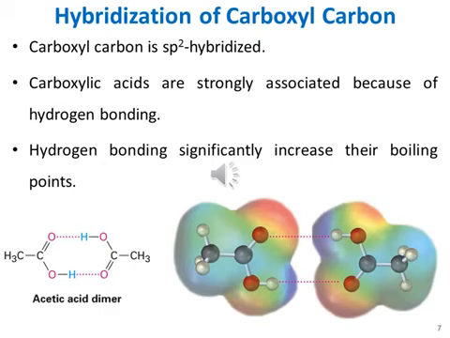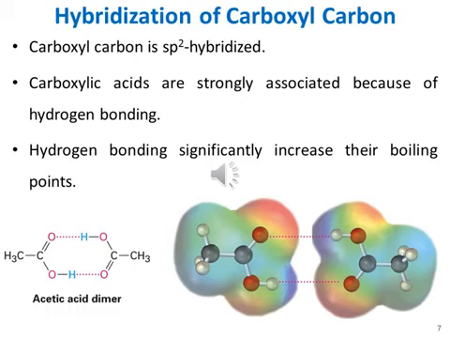Now it's proper time to discuss the acidity of the carboxylic acid. Before we discuss the acidity, let's first discuss what kind of carbonyl oxygen is present in the carboxylic acid. Remember that the carbonyl carbon is sp2 hybridized. In the carboxylic functional group, that is COOH, CO is the carbonyl group, and here the carbonyl carbon is sp2 hybridized.